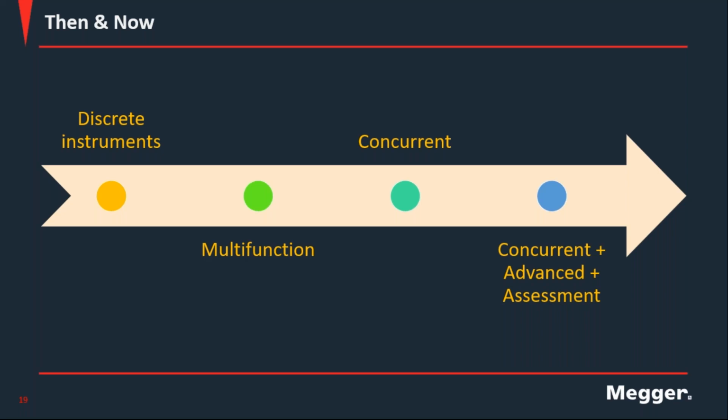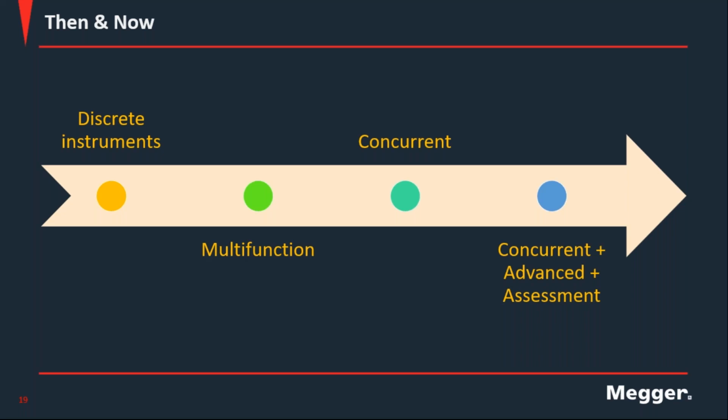So you need to repeat that multifunction run on each tap. And then the concurrent function was added to the test sets. That means that at every test, it will test all the taps at the same time. And of course, this expedites the timing and efficiency of the test.